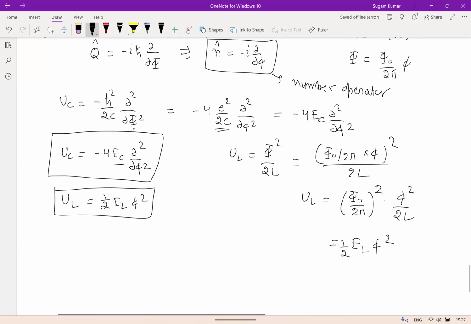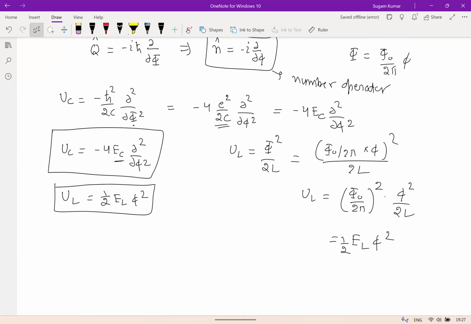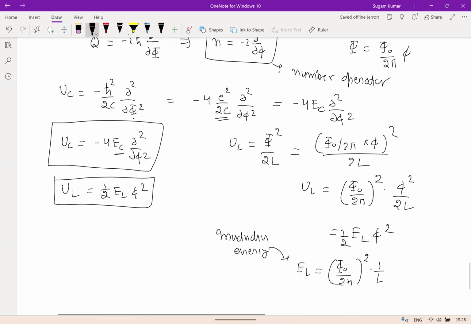So you can see that UC and UL are written in this format, and this EL is nothing but phi naught upon 2 pi whole square into 1 upon L. So this term is called inductive energy. We will use this.